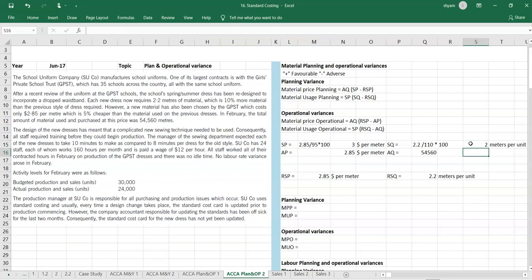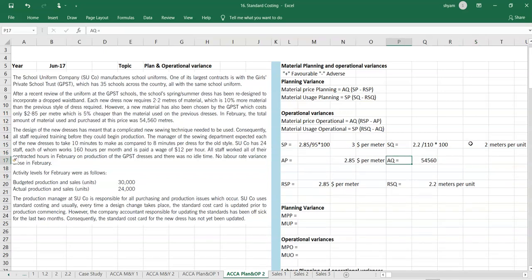We should add another line. SQ will be 2 into 24,000 units, so 48,000 meters is the SQ. AQ we also got. RSQ alone we have to get again.